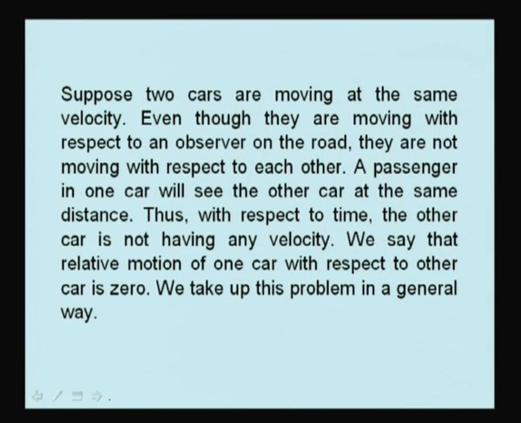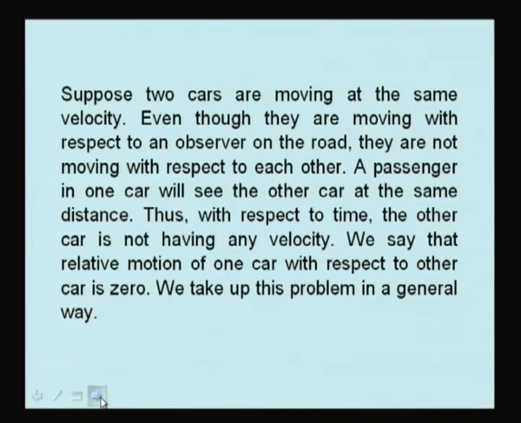A passenger in one car will see the other car at the same distance. Thus, with respect to time, the other car does not have any velocity with respect to the passenger in the car. We say that the relative motion of one car with respect to the other car is 0.